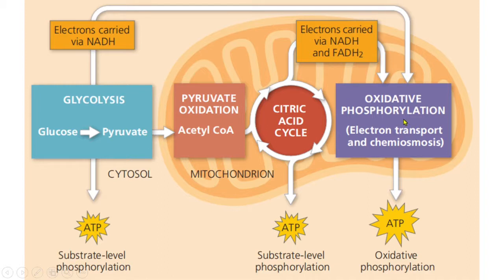Now, please do take note that in order for us to truly understand the process of cellular respiration, you have to, number 1, look at the carbon number of the molecules. We'll be looking at that a little bit later. Next, our objective is to be able to count the number of ATPs produced.